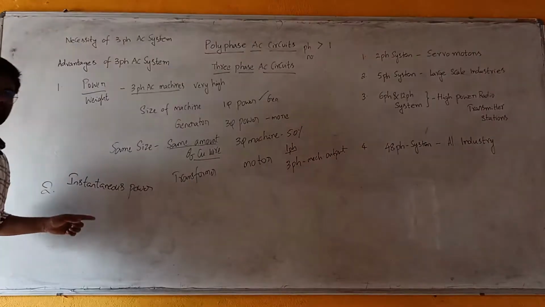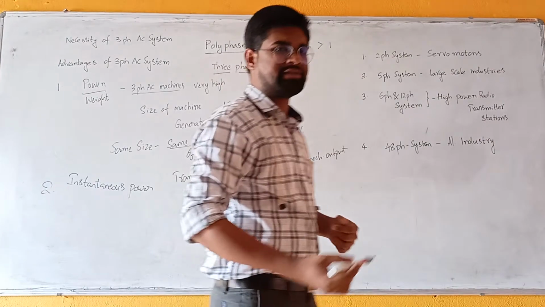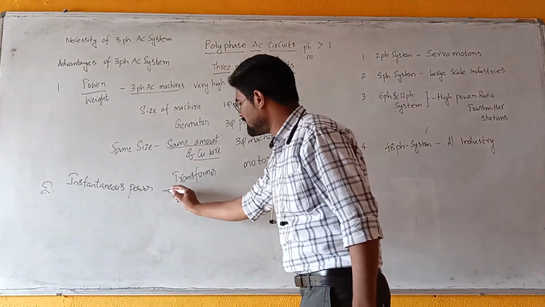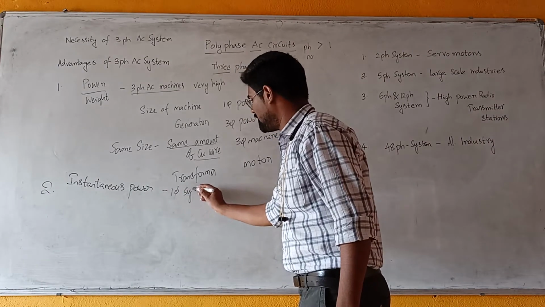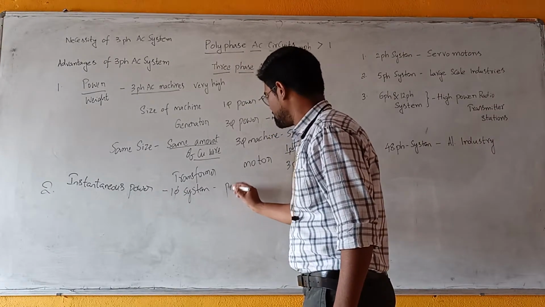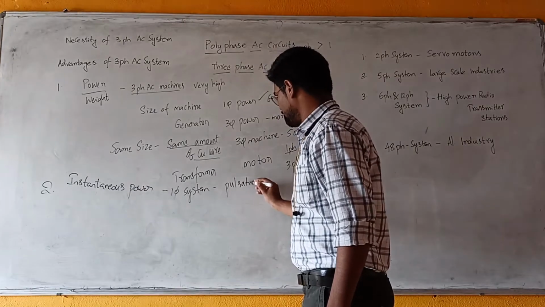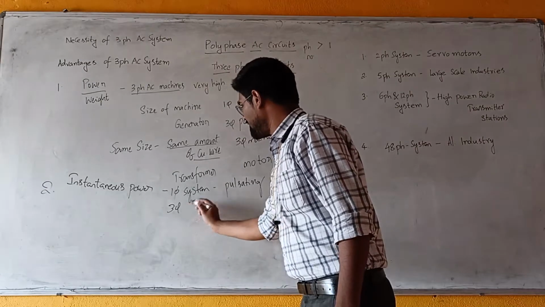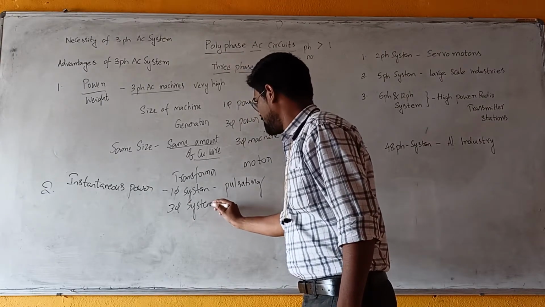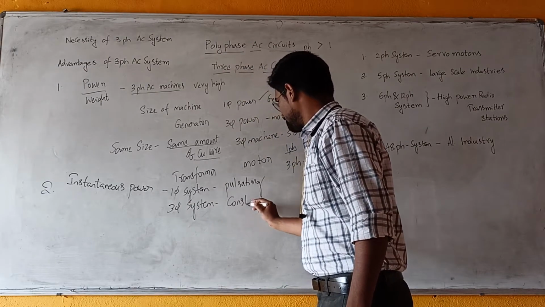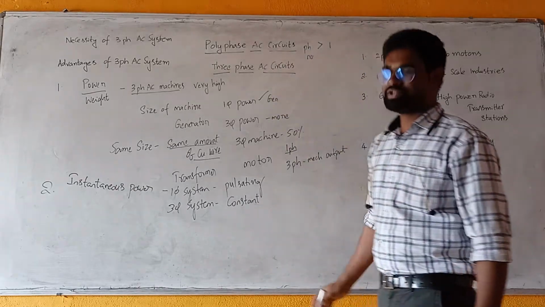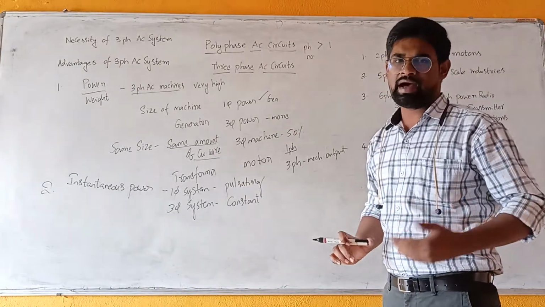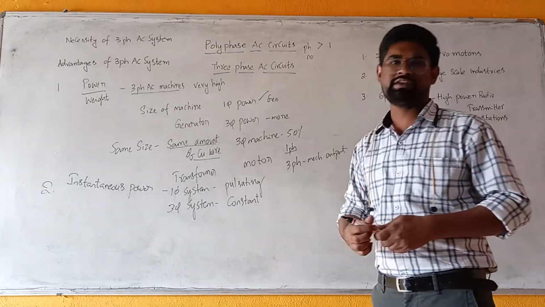How about instantaneous power in a single-phase system and in a three-phase system? In a single-phase system, instantaneous power is pulsating, changing, whereas in a three-phase system, instantaneous power is constant, which means three-phase machines operate in a steady manner when compared with single-phase machines.